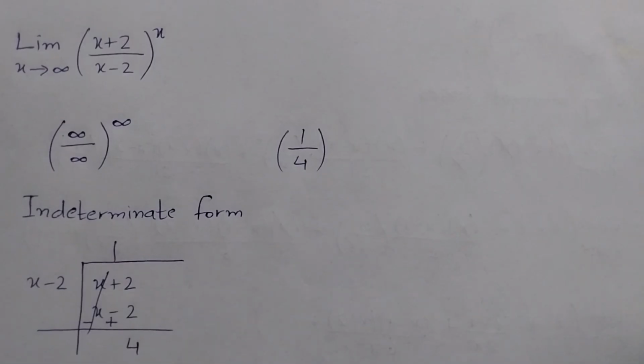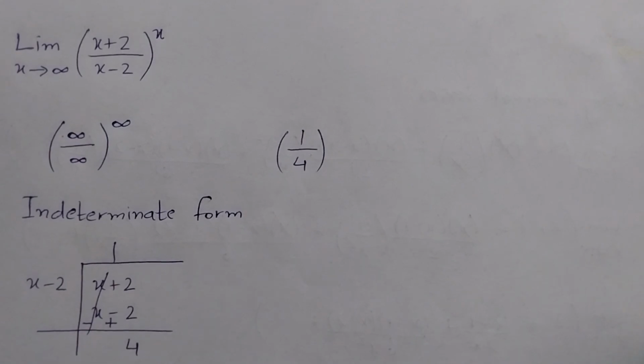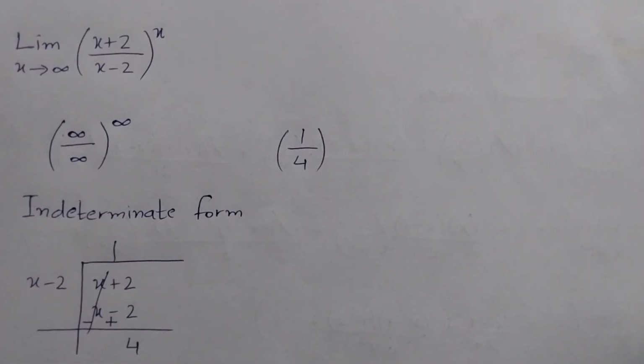And as I've said, we don't know how large this infinity is. We don't know what infinity is. Infinity is just used to indicate that a number is getting very large. That is pretty vague. So as infinity is not a fixed, definite number, we can't really divide, because division needs two real numbers.